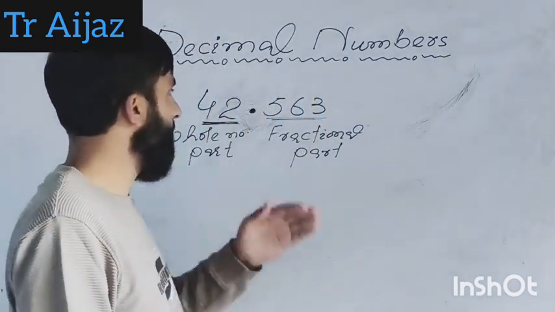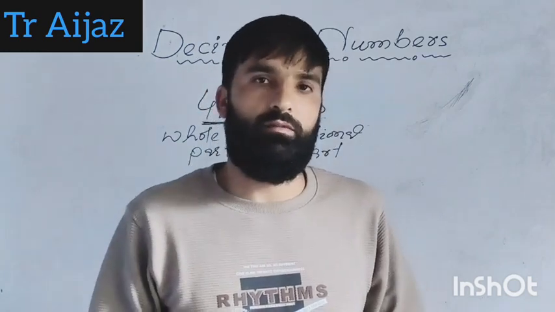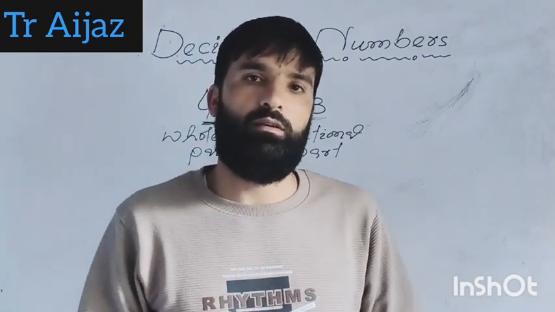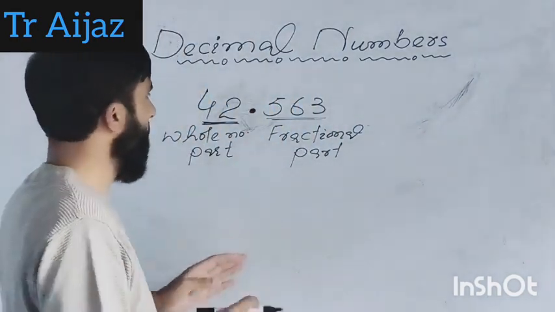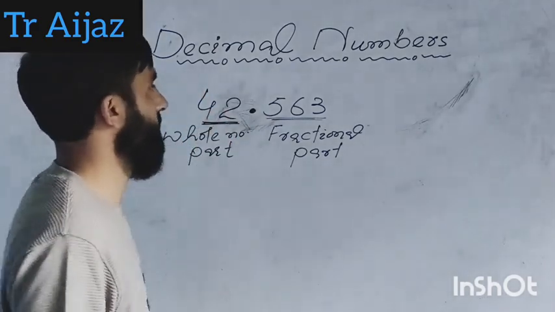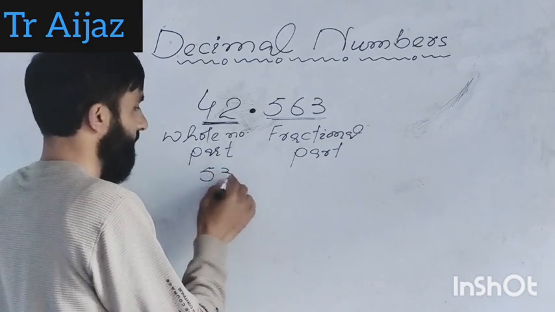So when we have two decimal numbers and we have to compare which is bigger and which is smaller, how do we do that? Very simple. First of all, we see the whole number part. Let me consider this is my first and this is my second number.